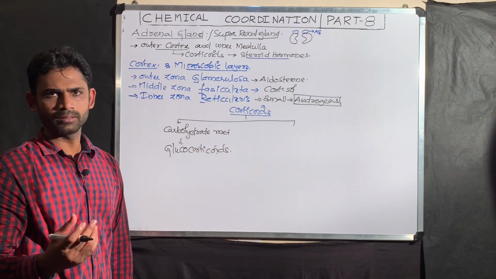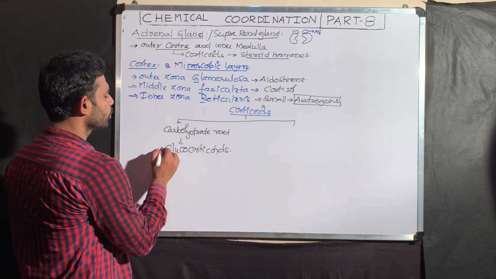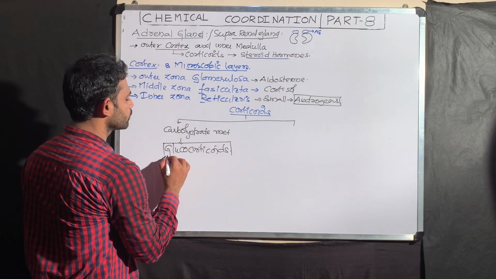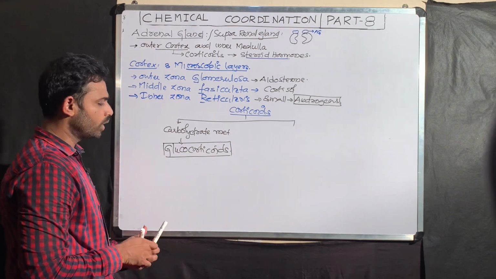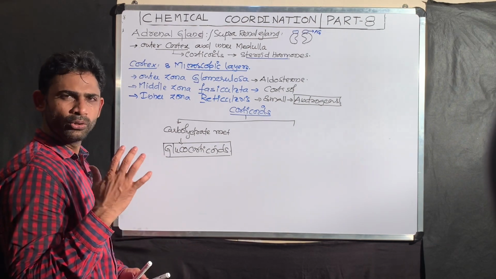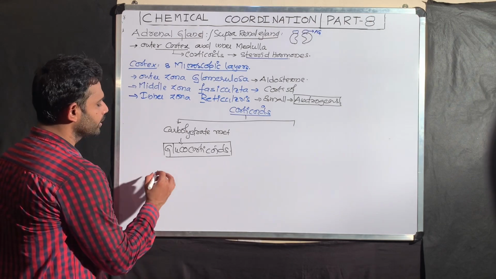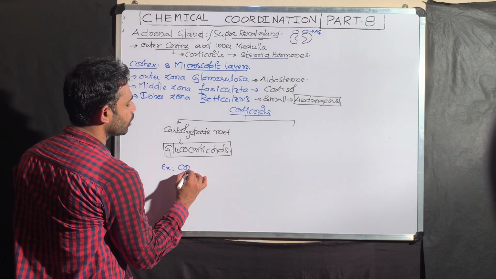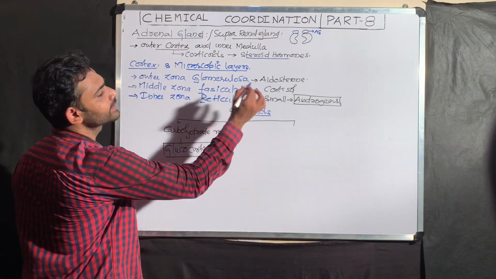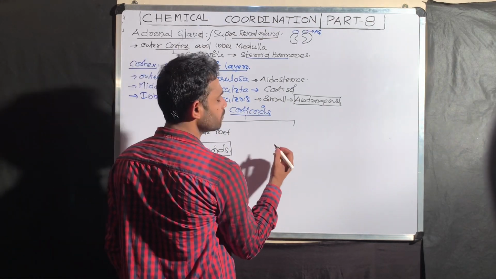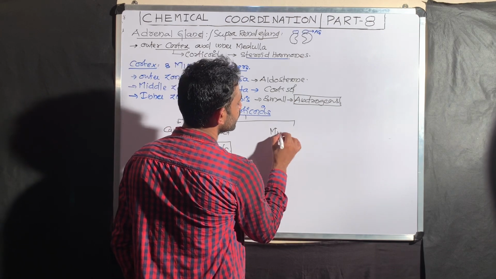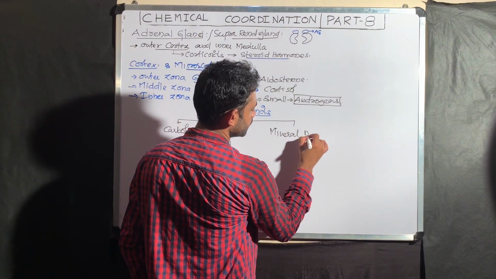Glucose is the central molecule in carbohydrates. So glucocorticoids mainly influence carbohydrate metabolism. The well-known and dominant glucocorticoid in our body is cortisol. The next type of corticoid shows its main effect on mineral metabolism.